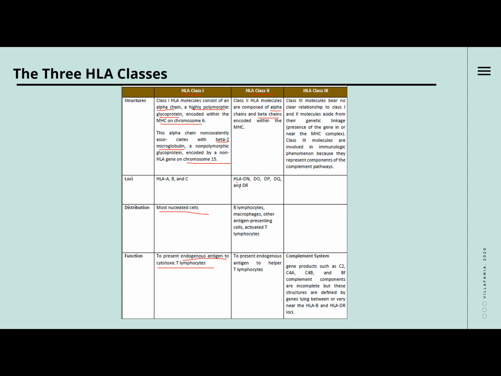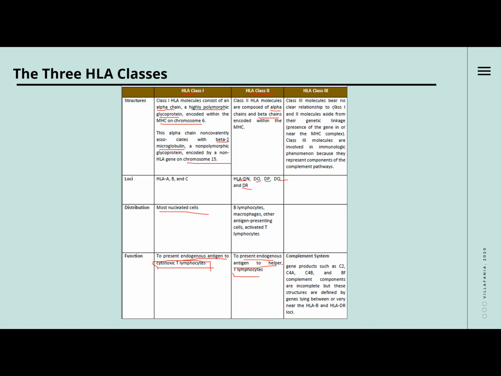We have your loci HLA-DN, DO, DP, DQ, and DR. Found in most B cells, macrophages, and other APCs, and activated T cells as well. Function is to present exogenous antigen to helper T cells. So your class 1, class, presents to cytotoxic T cells, and your class 2 presents to helper T cells.